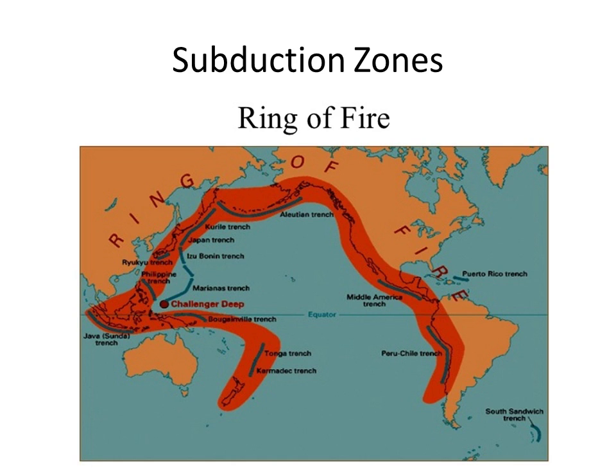So along this red marked area you have many volcanoes and many earthquakes, because as these plates collide with each other, there may be sudden earthquakes as a result. This is called the Ring of Fire because of the volcanoes along this.